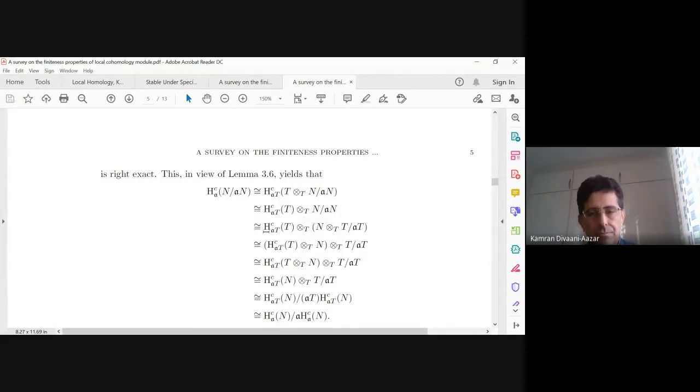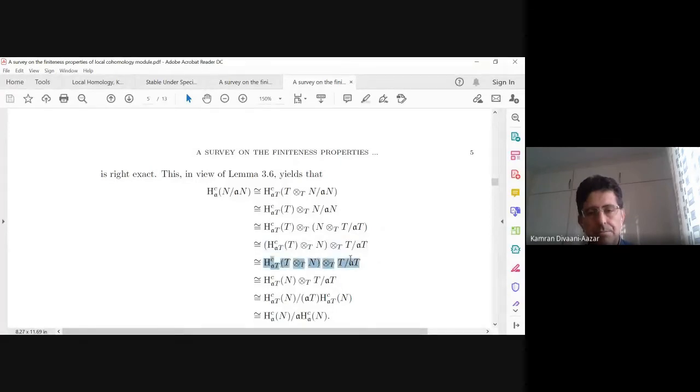And now at the third row, we write down N over aN as N tensor by T over AT over T. Sorry, here we use the associativity of tensor product.